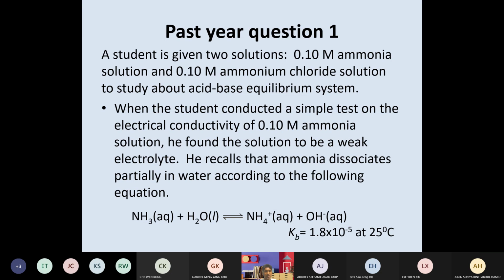Now it is a first year question. It says that a student is given two solutions, 0.1 molar ammonia solution and 0.1 molar ammonium chloride solution, to study acid-base equilibrium system. When the student conducted a simple test on the electrical conductivity of 0.1 molar ammonia solution, he found the solution to be a weak electrolyte. He concludes that ammonia dissociates partially in water according to the following equation.